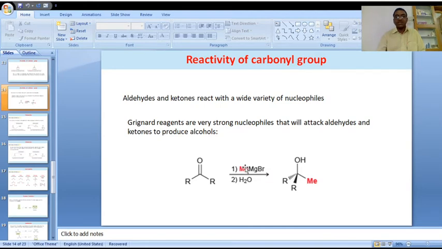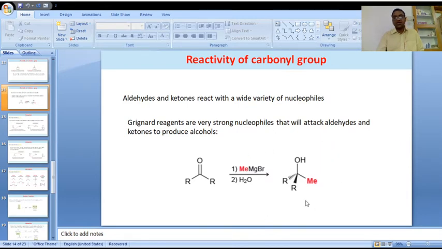Generally it is represented with the general formula RMgX, alkyl magnesium halide. On reaction with this Grignard reagent in the presence of water, the ketonic functional group is turned into an alcohol.